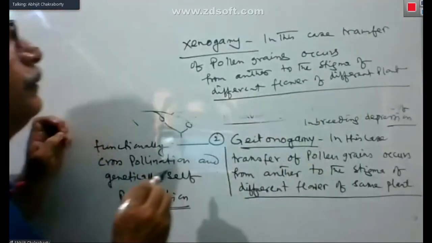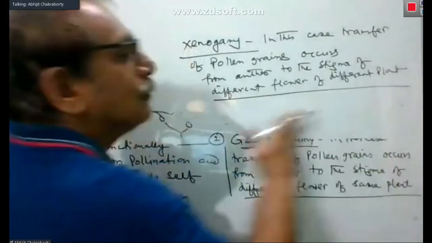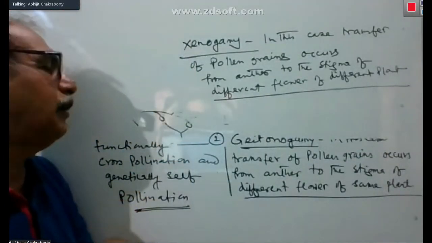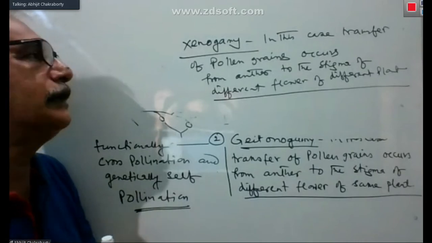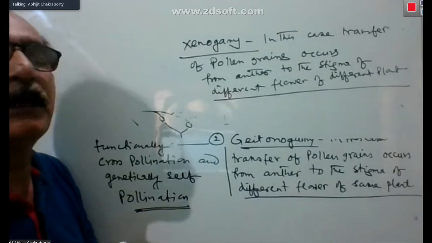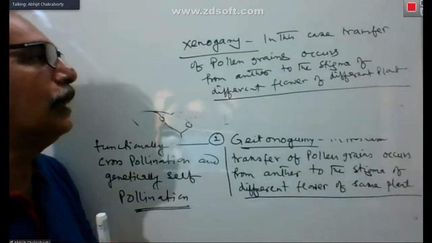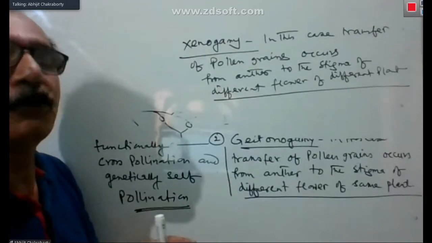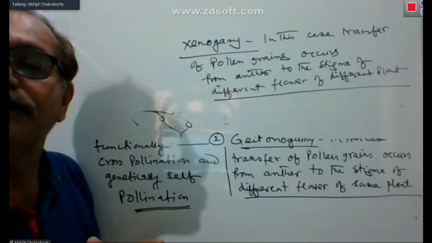So here the chance of variation is maximum. If you compare geitonogamy, xenogamy and autogamy, the chance of variation is maximum in case of xenogamy, and minimum in case of autogamy. Is it clear to you?